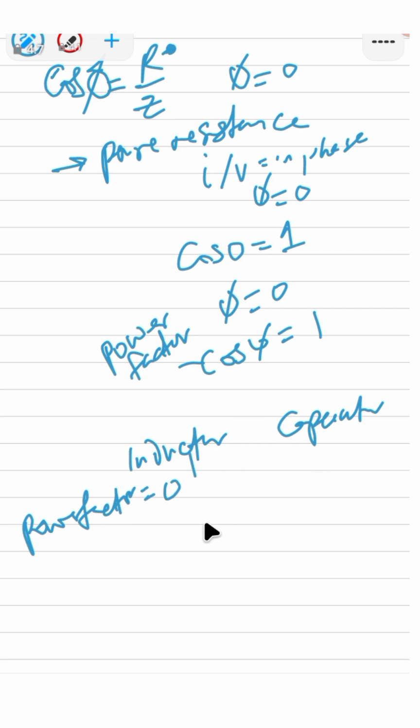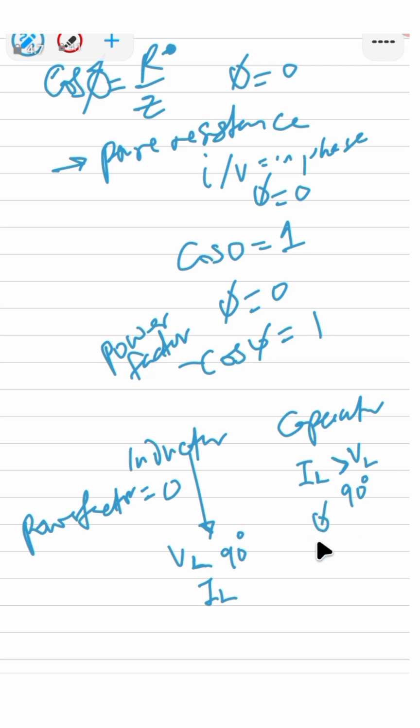Don't forget that in an inductor circuit, the current and voltage are out of phase. Like in this inductor circuit, the VL is leading the current, so the phase angle is 90 degrees. They are out of phase by 90. Then in a capacitor, the capacitor current is leading the capacitor voltage by the same 90 degrees.